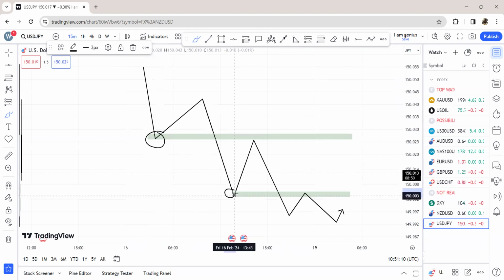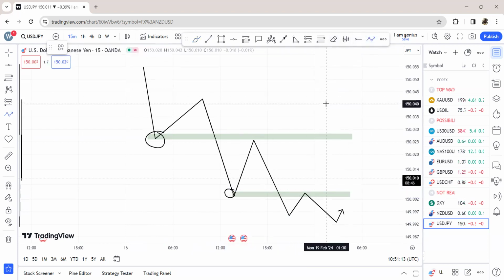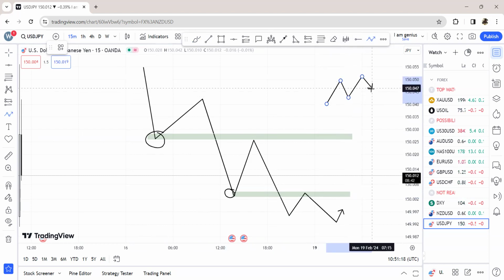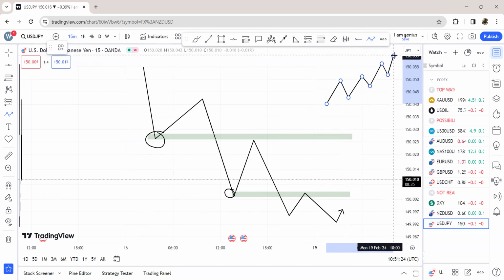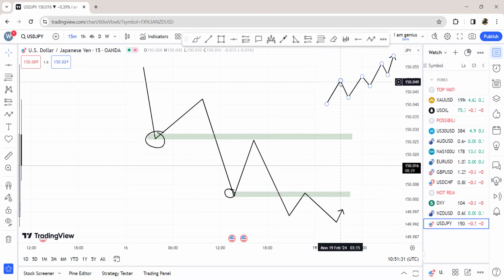Remember, for the uptrend, we were focusing on, just draw a mini uptrend here. And so for the uptrend, we were focusing on these higher highs, these levels here.